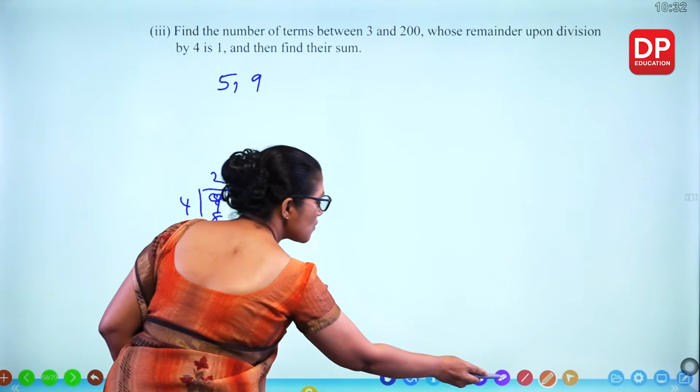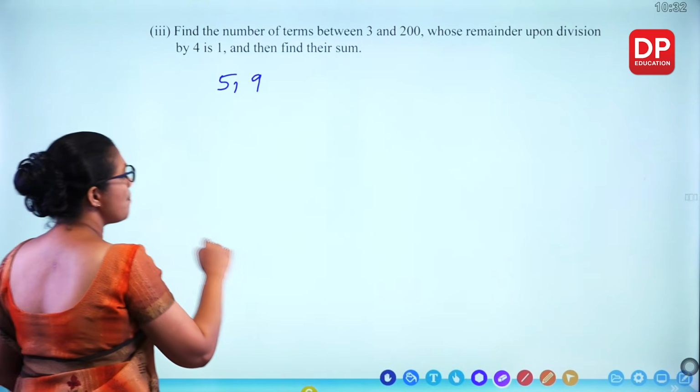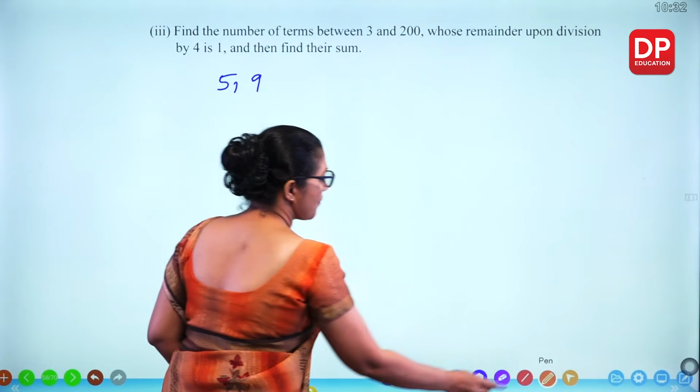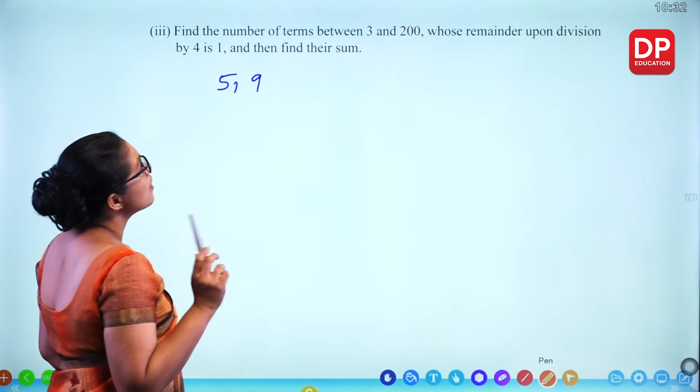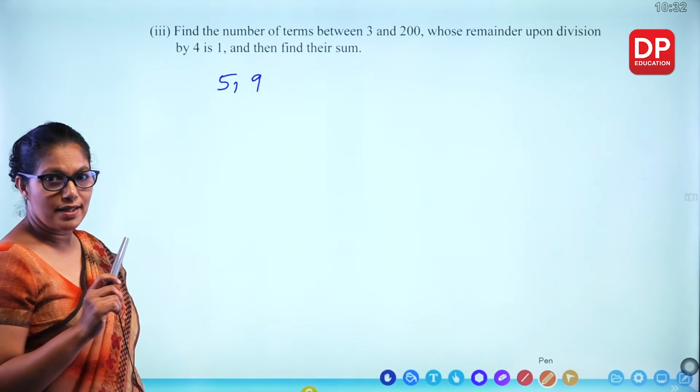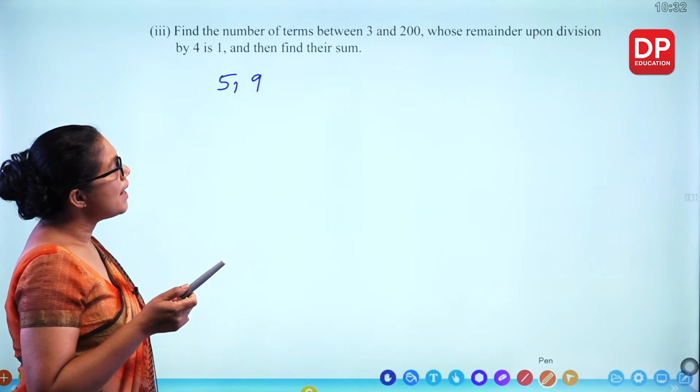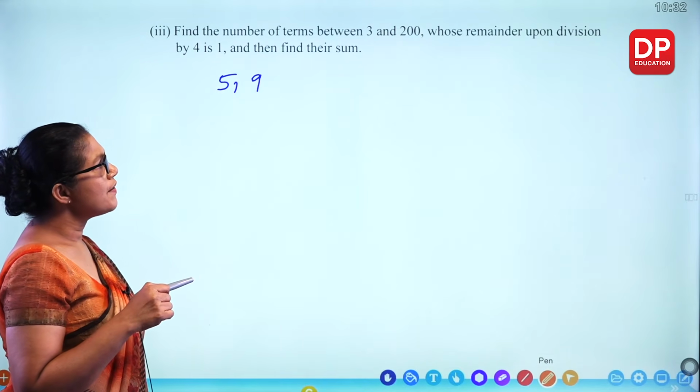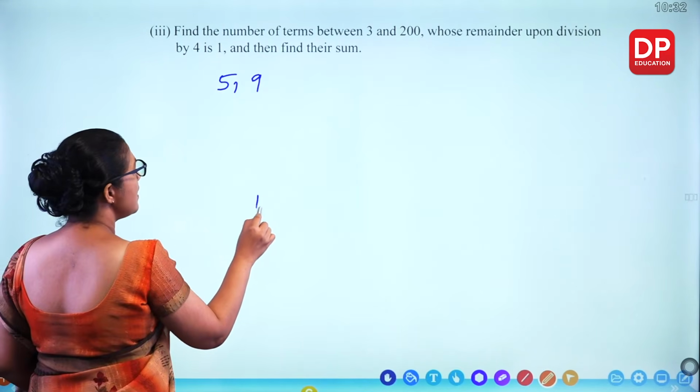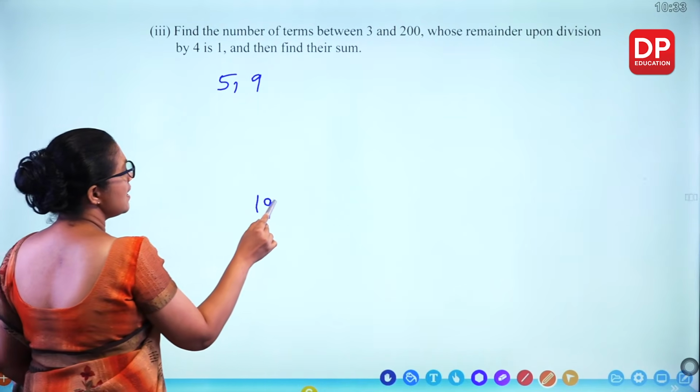So likewise, what's the last number you can get? Below 200, what's the number divisible by 4? 198.